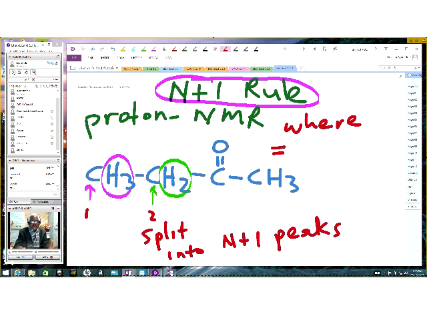In other words, N is the number of hydrogens that are next to this hydrogen here.